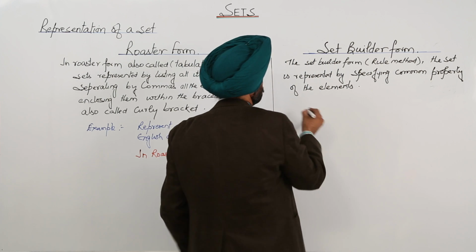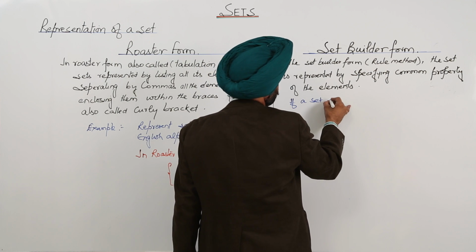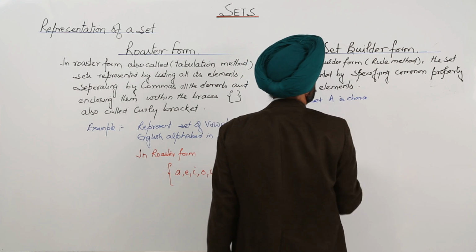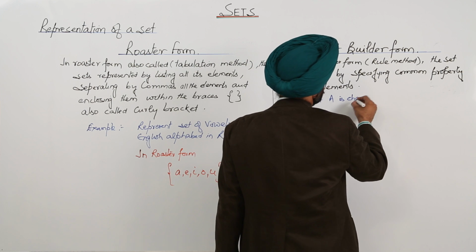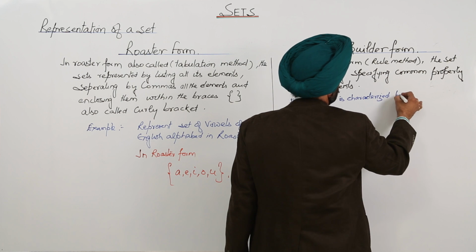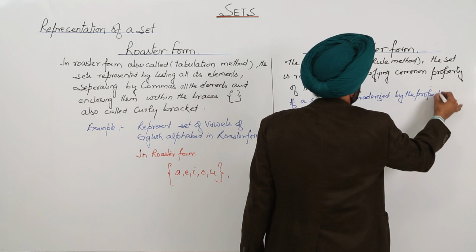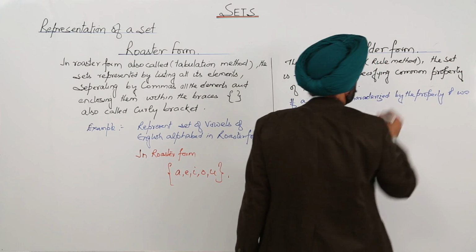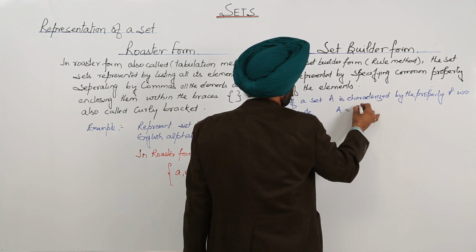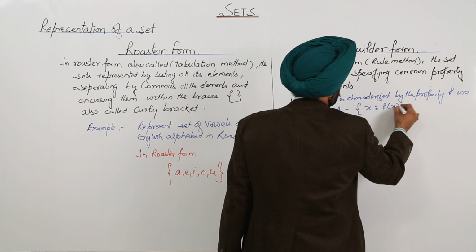Now, if a set, now this is an example, if a set capital A is characterized by the property P, we write capital A is equal to {x : P(x)}.